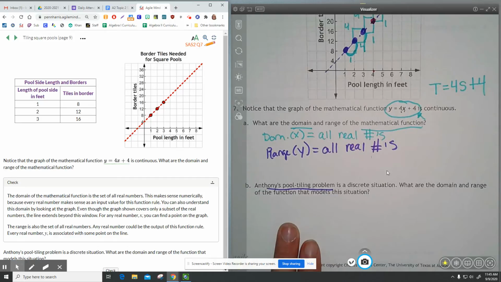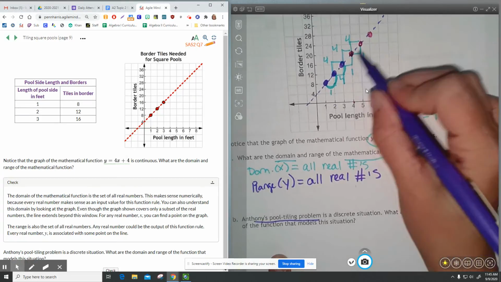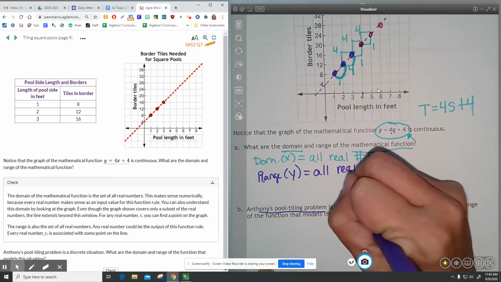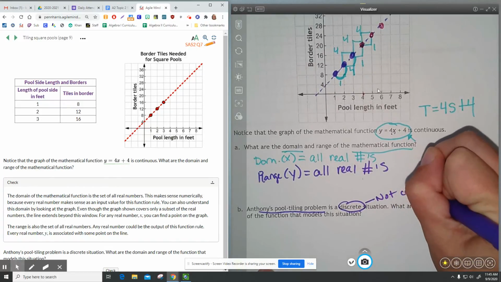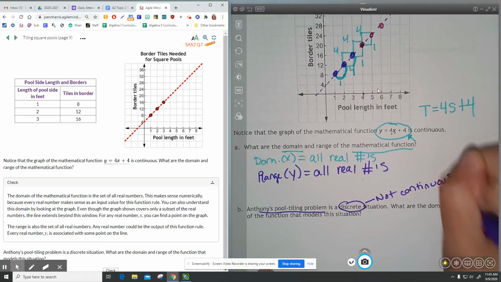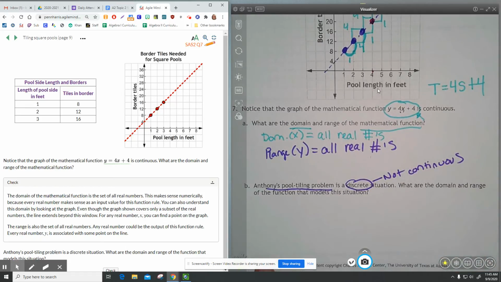Remember, continuous means a line. Again, we did not draw a line. We drew a dash to show the relationship, but these were just points. So this is discrete, not continuous. Okay, meaning it can't be every single value like we set up here.